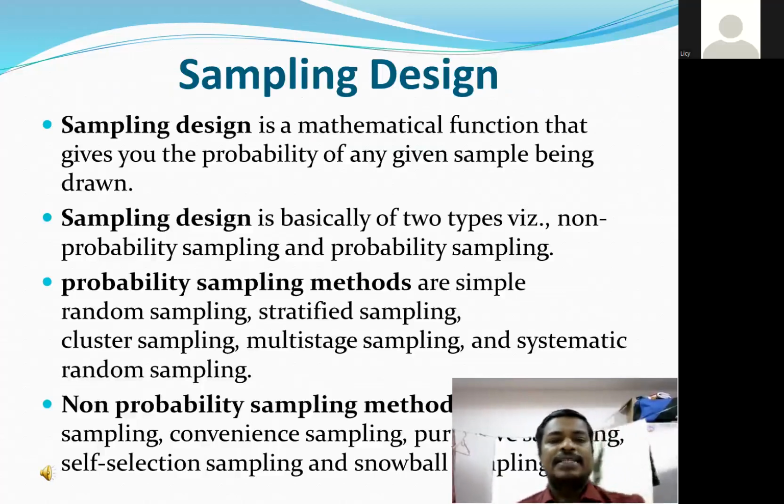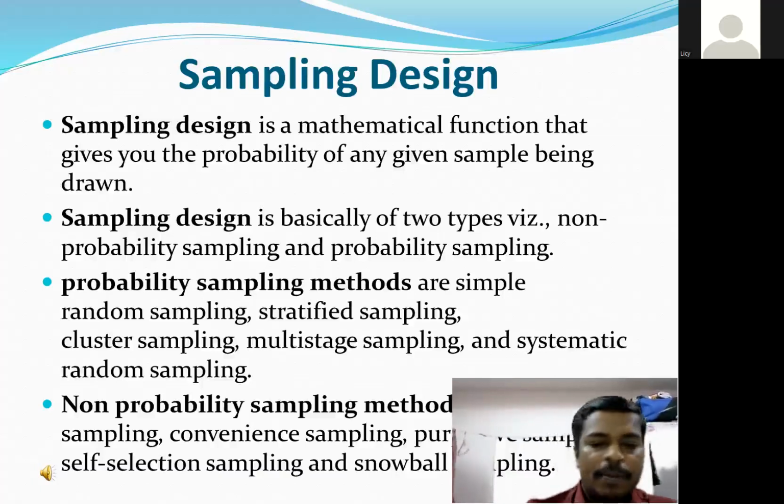One is probability sampling methods, and the other one is non-probability sampling methods. The probability sampling methods include simple random sampling, stratified random sampling, cluster sampling, multi-stage sampling, and systematic random sampling. And the non-probability sampling methods are convenience sampling, purposive sampling, self-selection sampling, and snowball sampling.